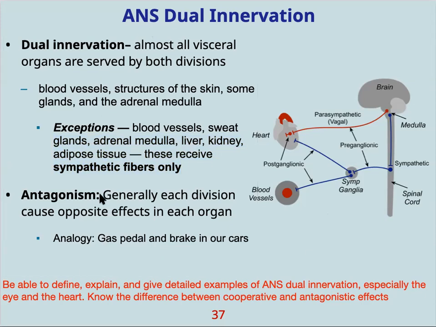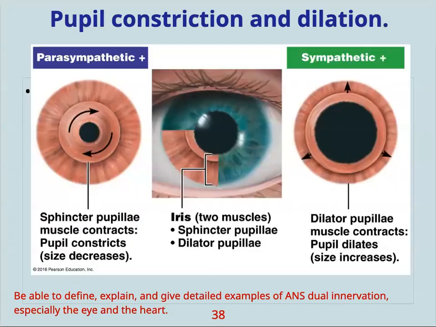Okay, and the other thing to note about ANS dual innervation is that, generally speaking, each division will cause an opposite effect in each organ. An example of that is the effect of sympathetic and parasympathetic divisions on the pupil.